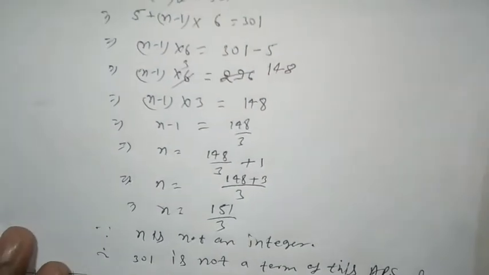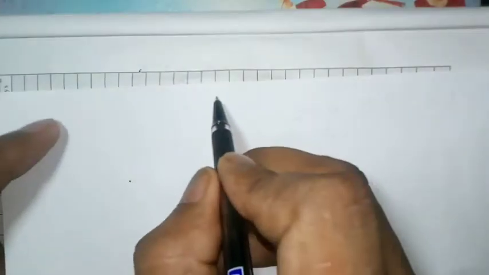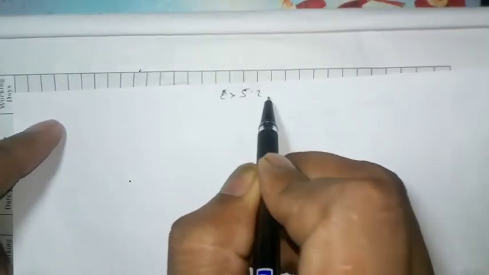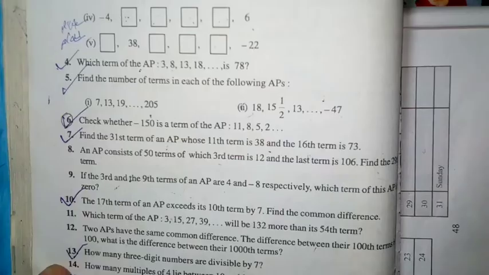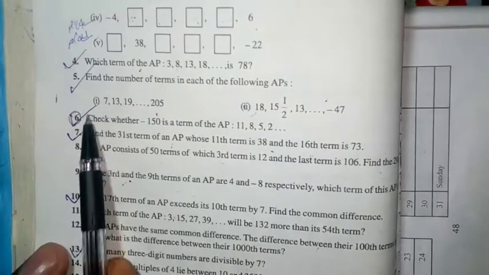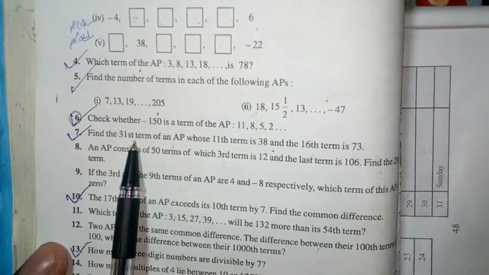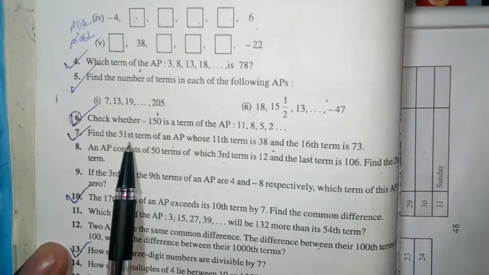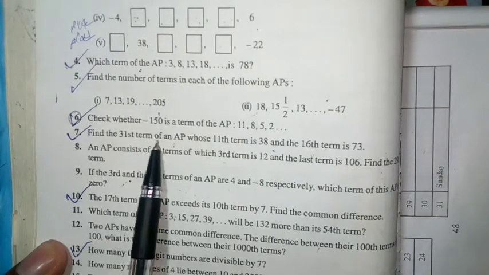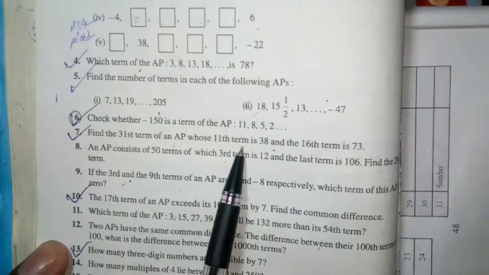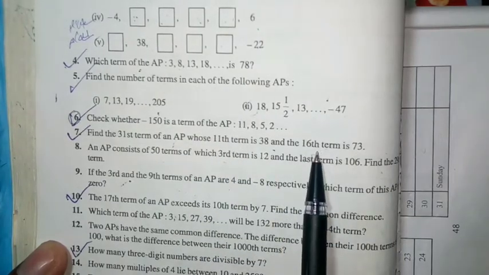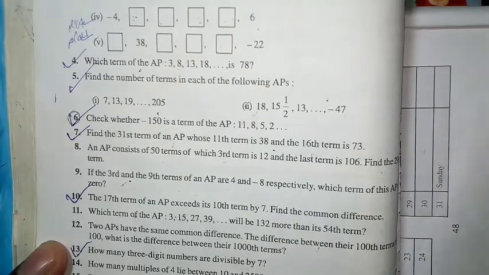Now the next question of the exercise 5.2, question number 7. Find the 31st term of an AP whose 11th term is 38 and the 16th term is 73.